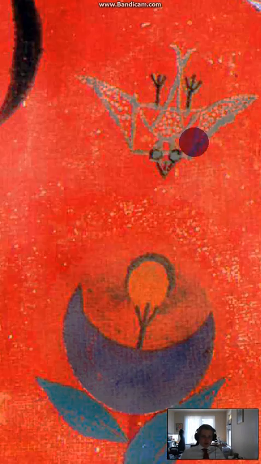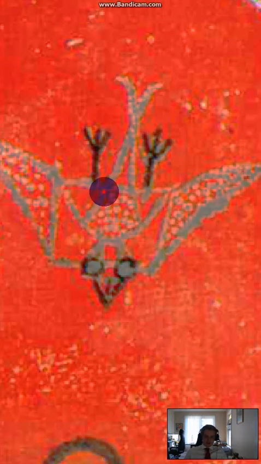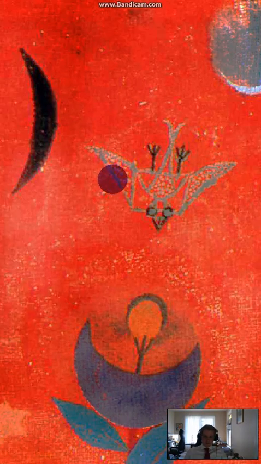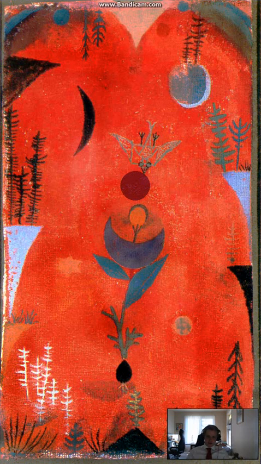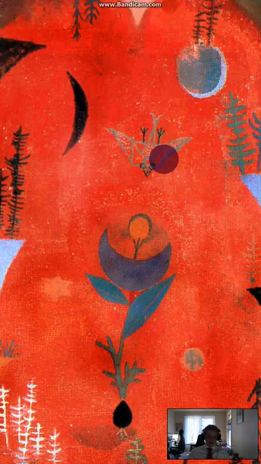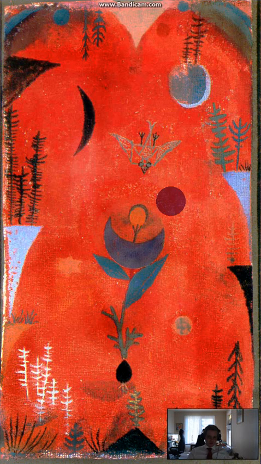I'm not too familiar with the life experiences of Klee, but I was thinking of the wrong World War again. Potentially this is representative of an airplane, which of course played a major role for the first time in a war in World War I.